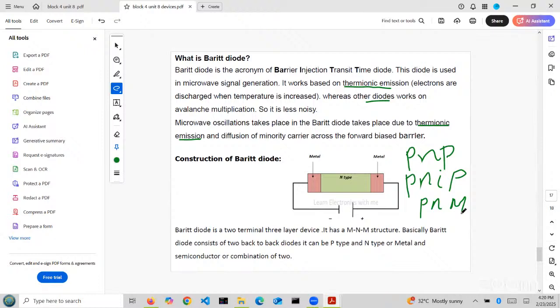Different combinations are mentioned in this construction. First, the basic definition; next is construction. In the basic definition, this point is important: it works on the thermionic emission principle. Next, construction is given.